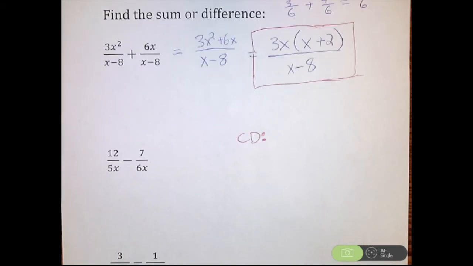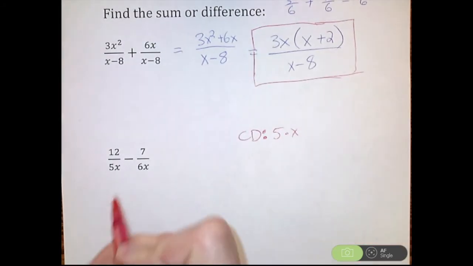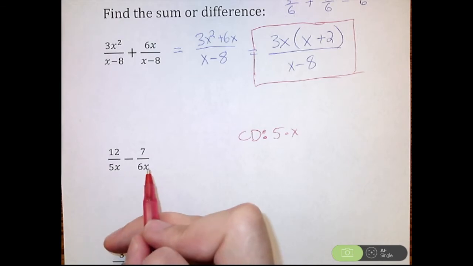Now there's different methods and approaches for this. I think the easiest is factor each of your denominators, which right now they both are, and then list out all your factors. So I have 5x there, so I need a 5, I need an x. Great. Move to this one.